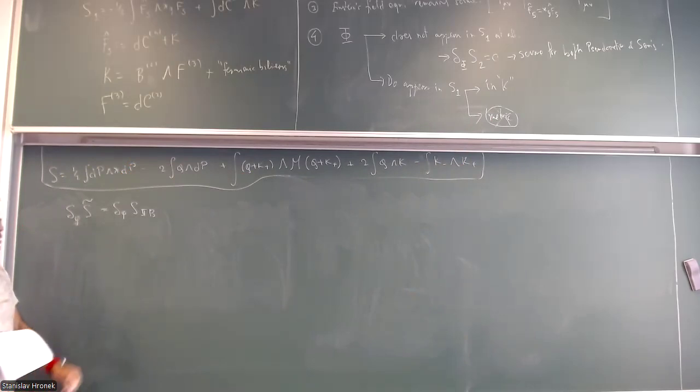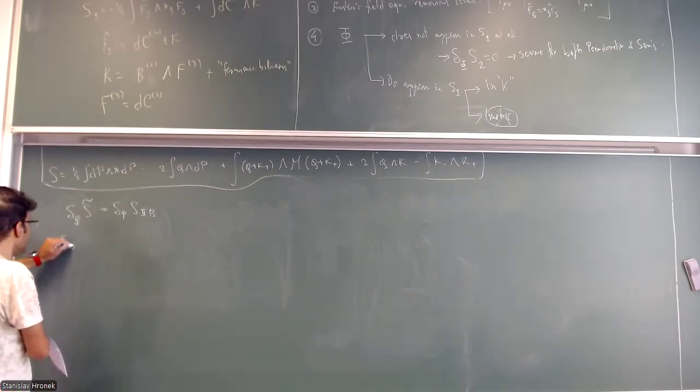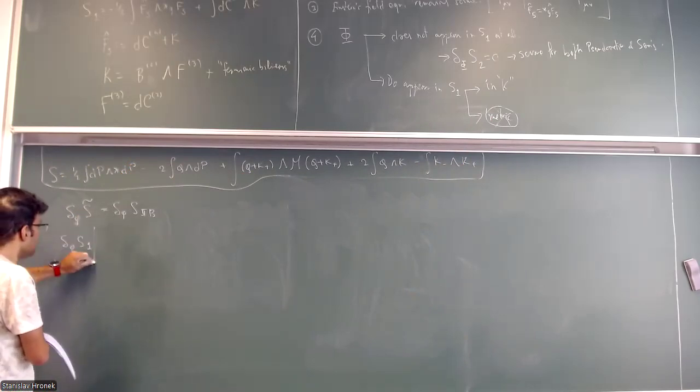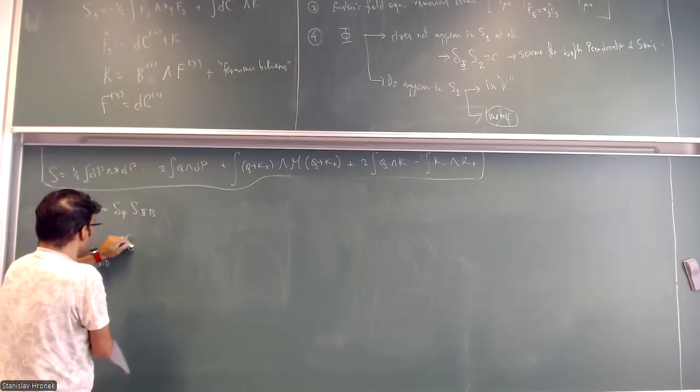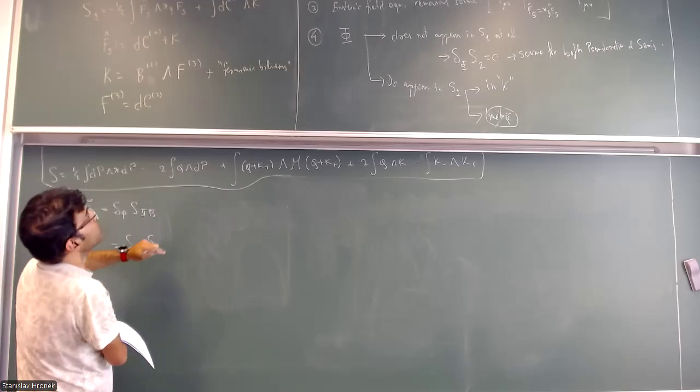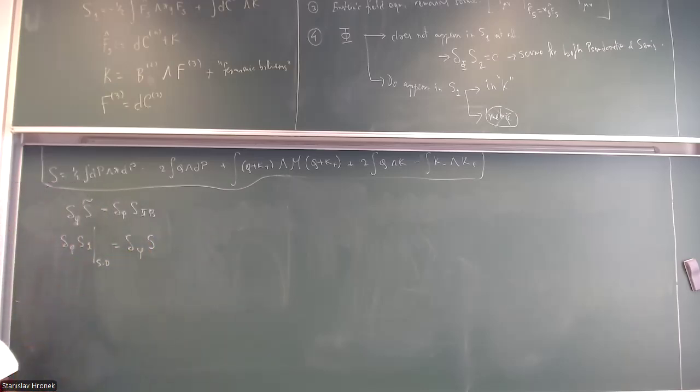So there are two contributions. And what we really need to prove is essentially this. Because both of them have a contribution which is delta phi S2, which is the same on both sides. So those parts will of course always cancel.